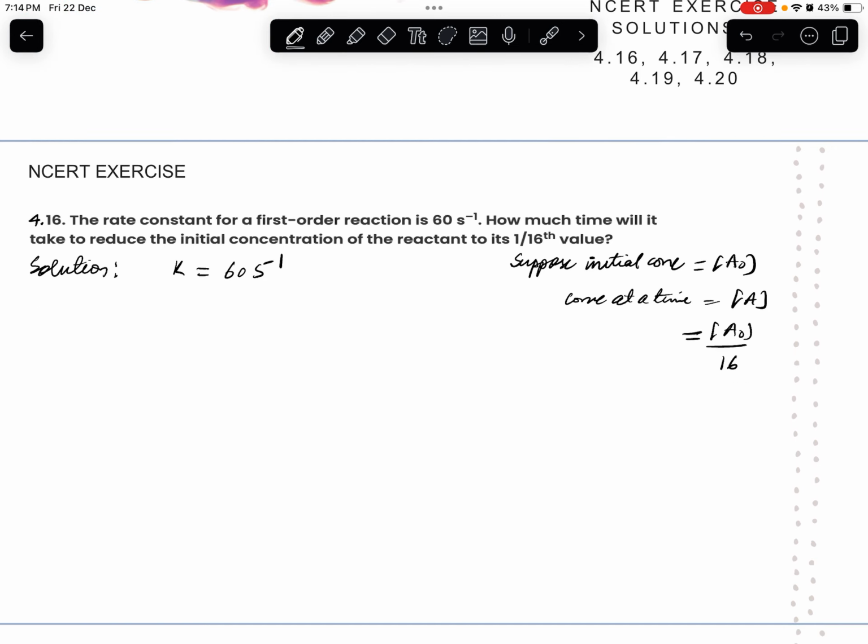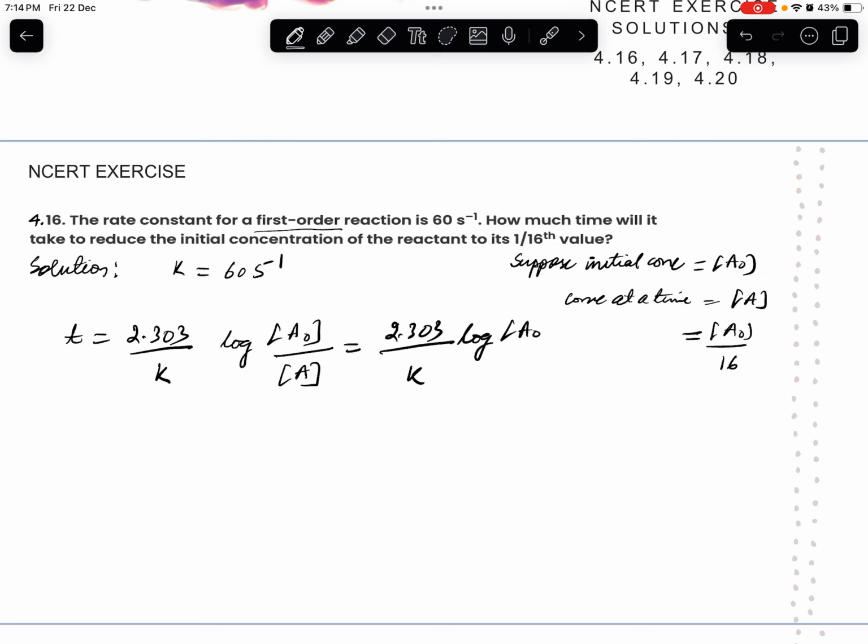Now we will use the equation for first order kinetics: time can be calculated as 2.303 divided by the rate constant K, log of initial concentration A naught divided by concentration at the given time A. In our case, this is 2.303 divided by K, log of A naught divided by A naught by 16.